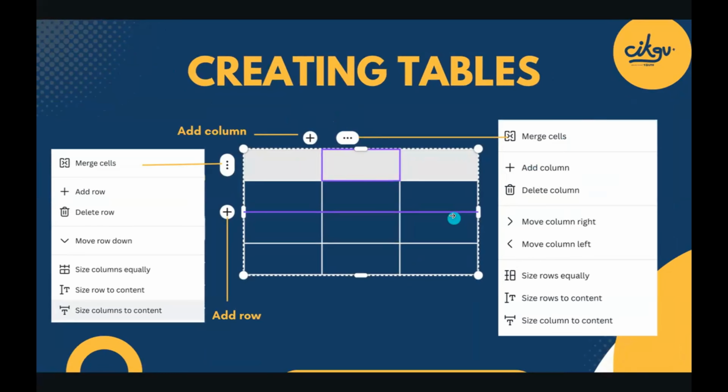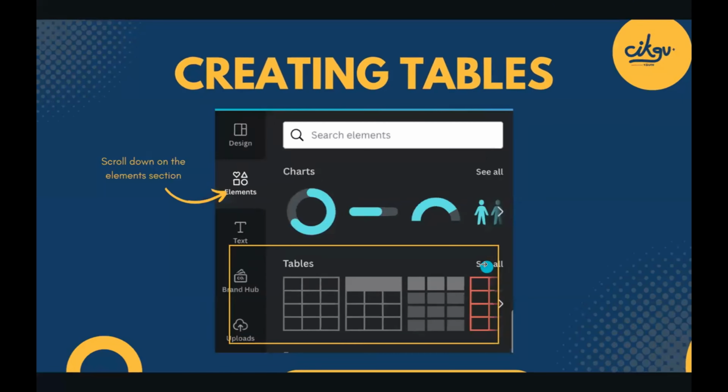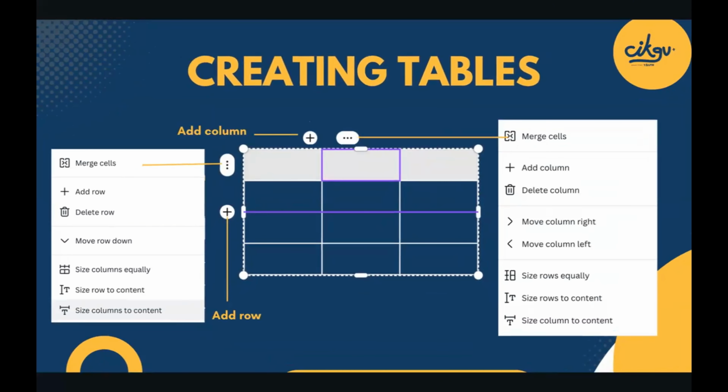When you click on any table that you want, right? You go to elements, you scroll down until you see tables. Then you click see all. Then there's a bunch of choices of tables for you.